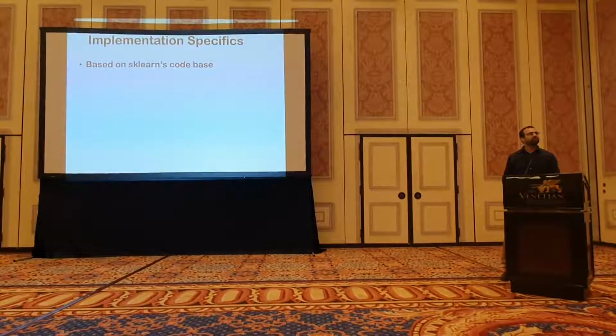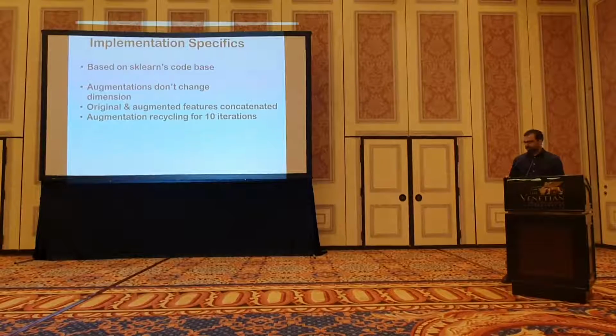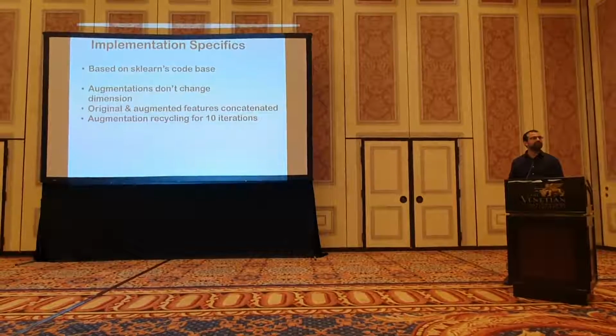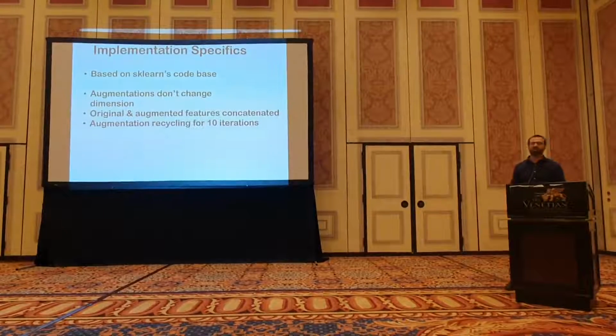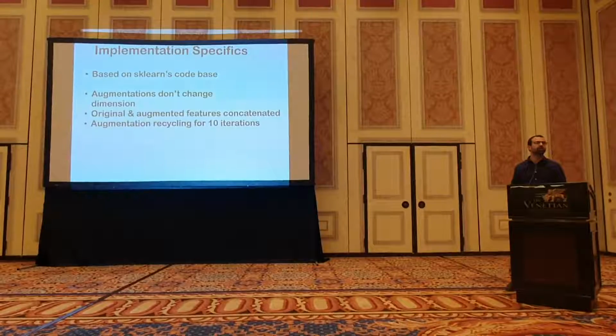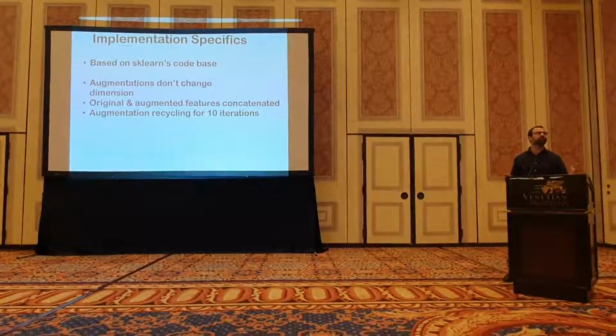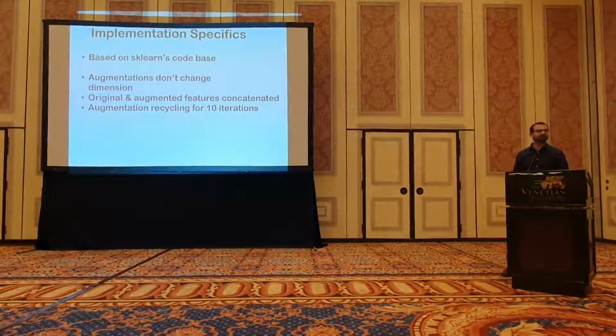So let's talk about some of the specifics of the implementation. We based it on scikit-learn's code base, even though it's not optimal, this was just simpler to work with. The augmentations don't change the dimension, which means if we started with X features, we create X new features, and there are 2X total features. And we concatenate them, as we saw in the diagrams.